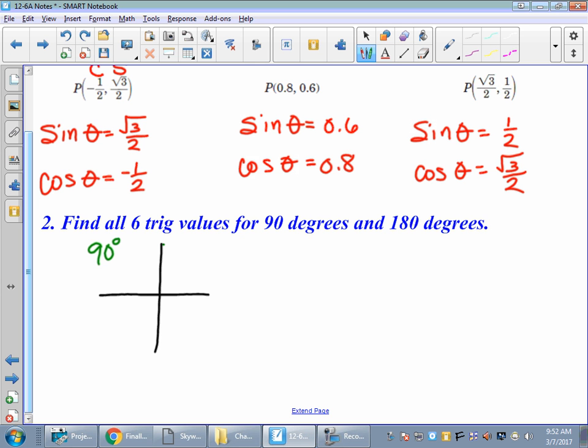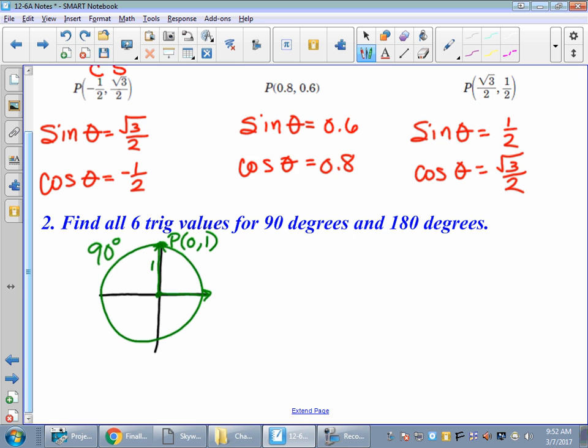So I'm going to draw a point at 90, call it point P, and I'm going to label point P as if it was on the unit circle. So here's my 90-degree angle. That's a unit 1. So I went over 0 and I went up 1. Now that I know that I'm on the unit circle, I'm going to draw my unit circle so I know that that's 1 unit.